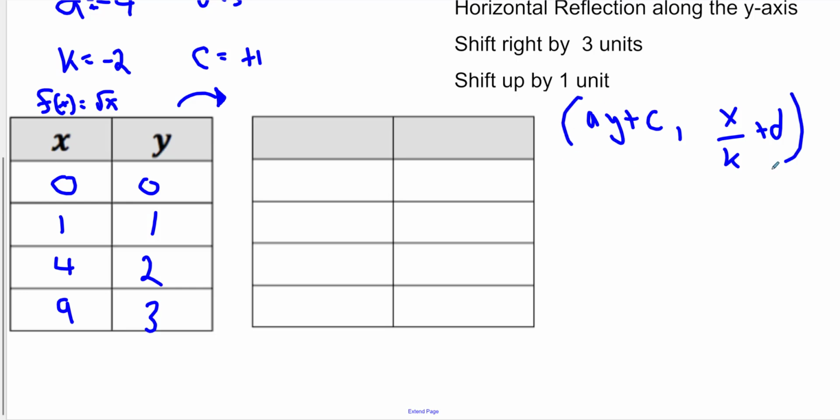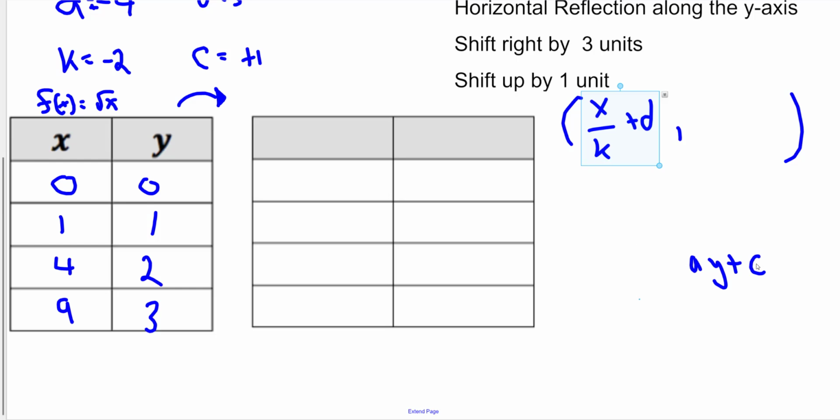And how do I use this? Well, remember your x value is on the left, y value is here. So if my x over k, I actually swapped them. Whoops. Sorry guys, that was my mistake. x always comes first. y always comes second. I apologize for that. All right, so x and y, right? So x over k plus d, what's my k value? -2. So my equation is going to be x over -2.